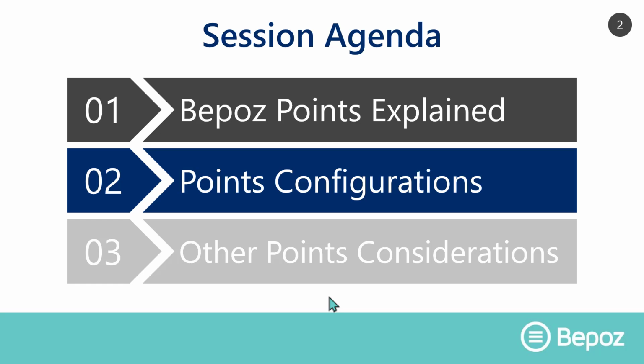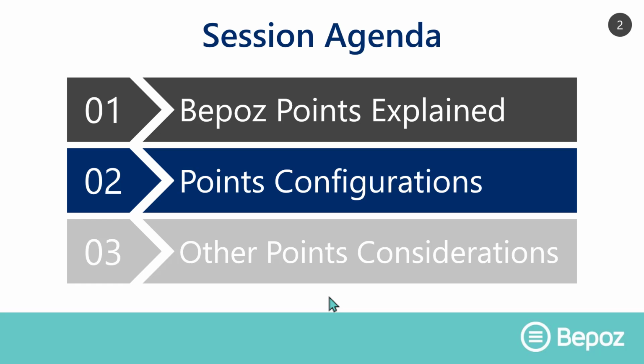We'll begin with some general information about points and points profiles, and we'll go in depth into the configurations that are involved throughout back office. After we've got an understanding of those configurations, we'll also go through some examples so we can see the effects of setting things up in a few different ways. Now for those examples, I've cheated a little bit, but it's to save us some time so that you don't have to sit through me clicking through and changing all the point settings around again and again.